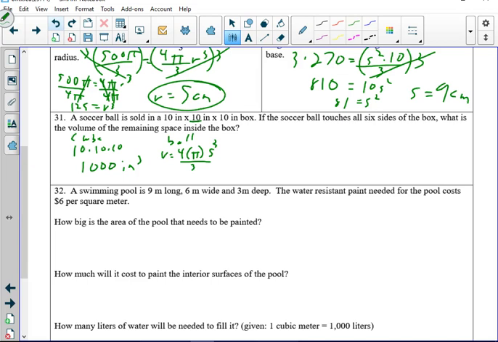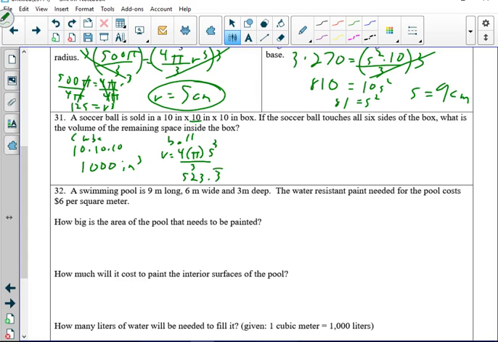So 5 cubed is 125, times 4 divided by 3, times 3.14 pi, is 523.3 repeating.